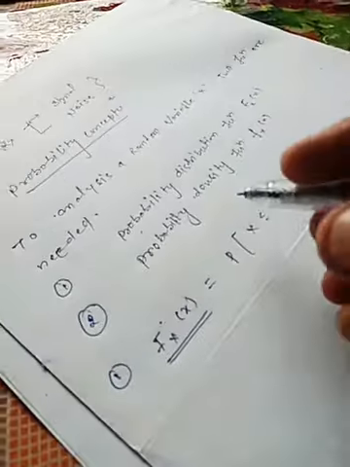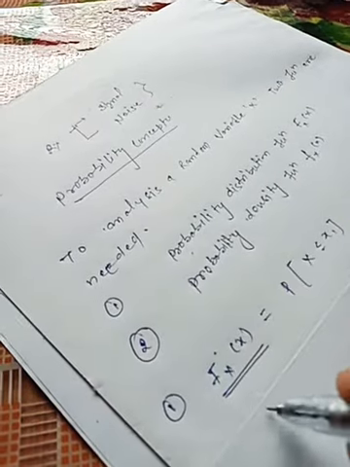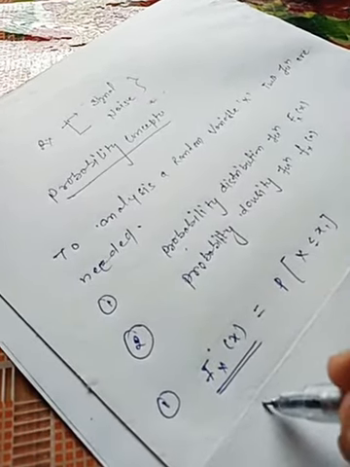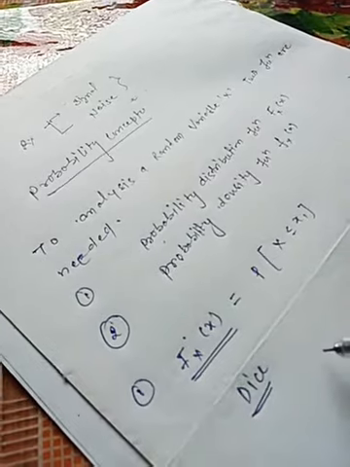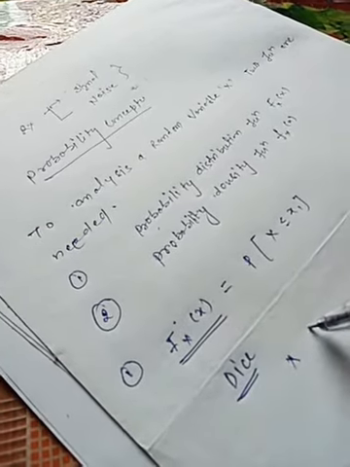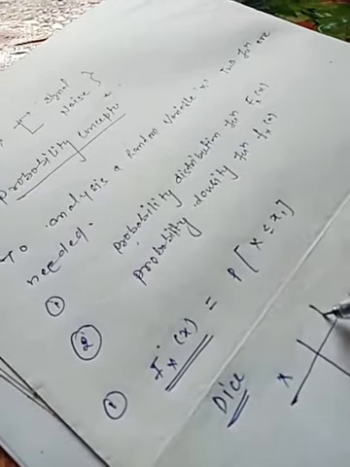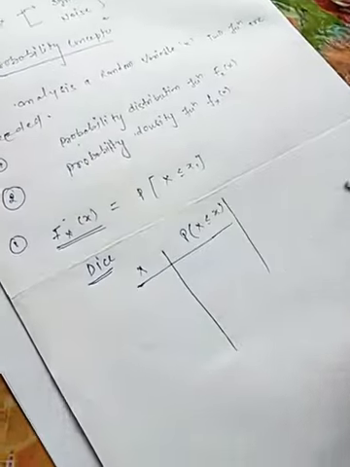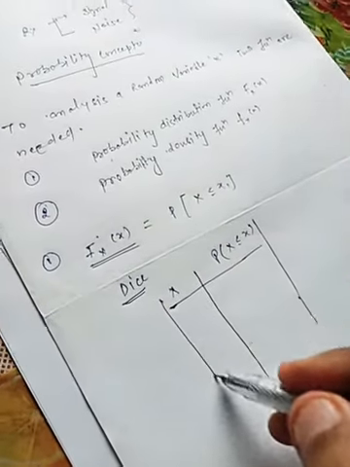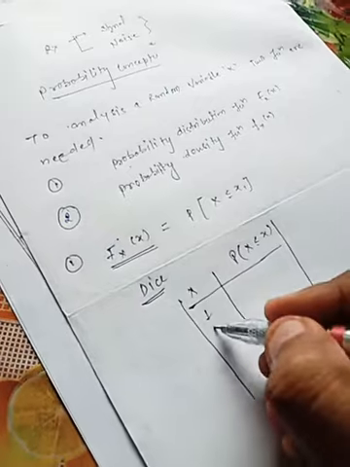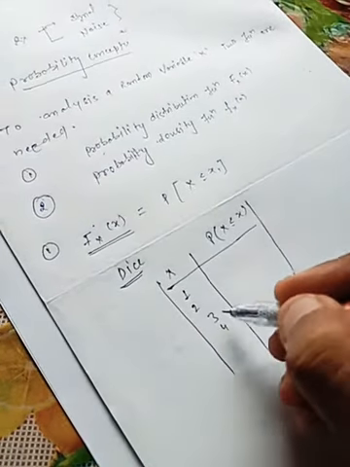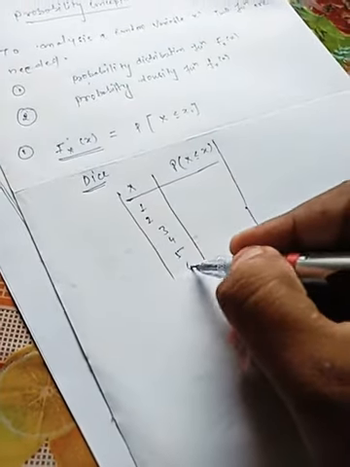Let us take one example. If we throw a simple dice, then what are the chances? That means if x is a random variable, then probability of x less than or equal to x. 1, 2, 3, 4, 5, 6.